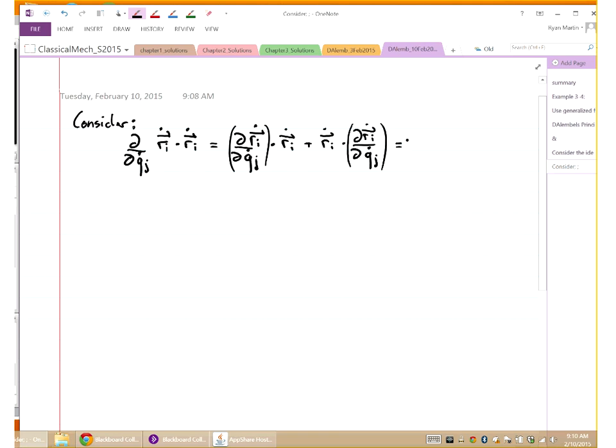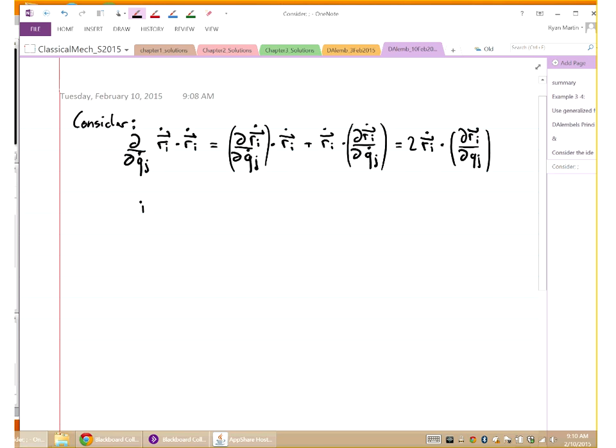So that, of course, is just 2 times the same thing. That's the same as 2 times ṙ_i dotted with ∂ṙ_i/∂q̇_j.